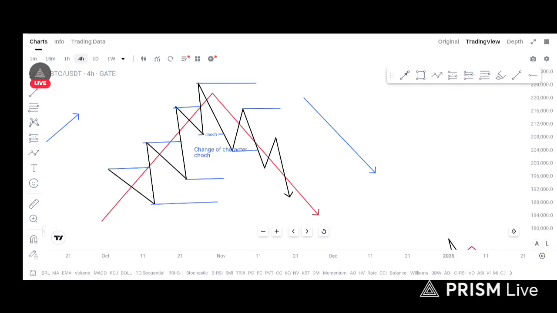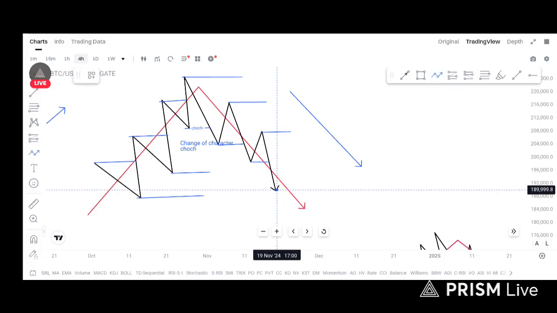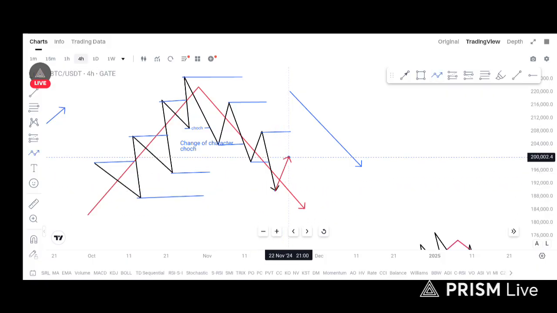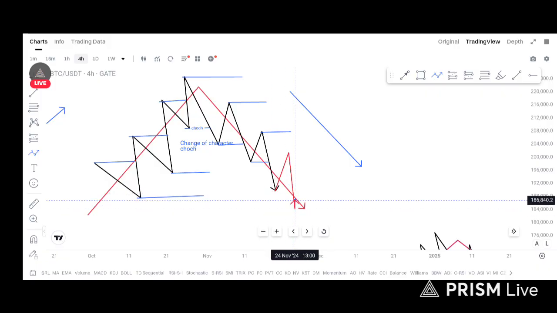You have another break of structure, which confirms that you are now in a downtrend, and this high was protected. Now you have another break of structure to the downside, and now I have this.